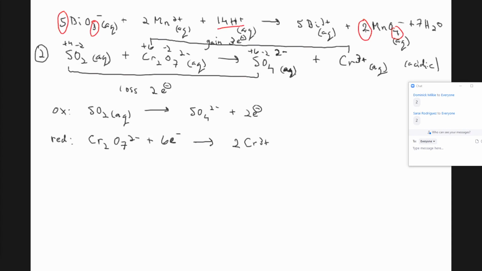So what do you do with the LCM? So I personally like to balance the redox reactions first using charges, using atoms, and then I'll multiply by the LCM using the half cell method. Okay, so it's a little bit out of order from the order that I gave you.